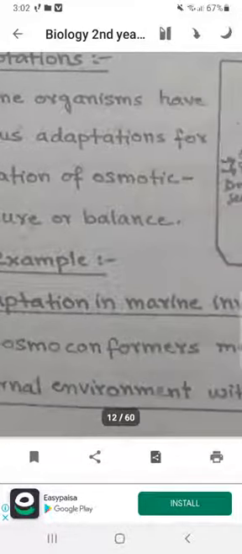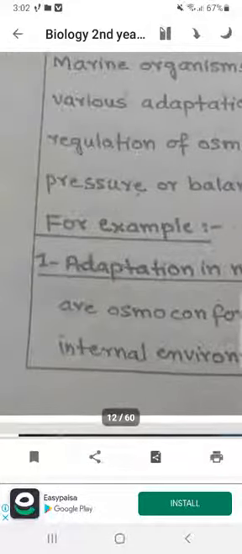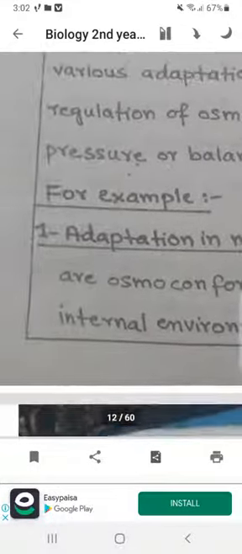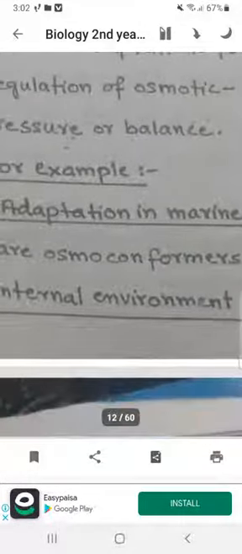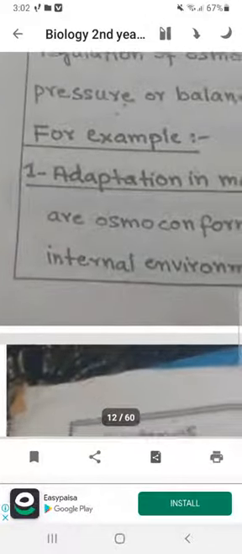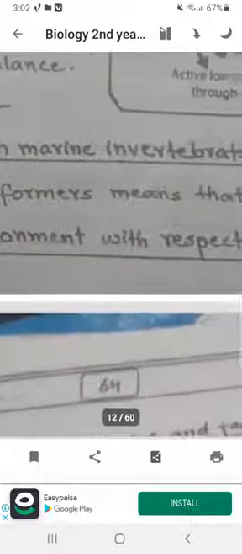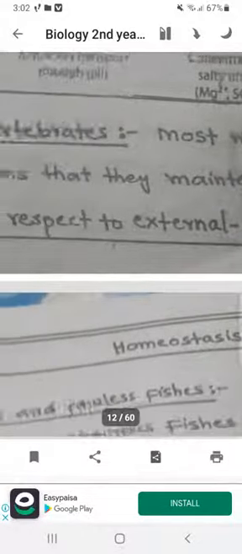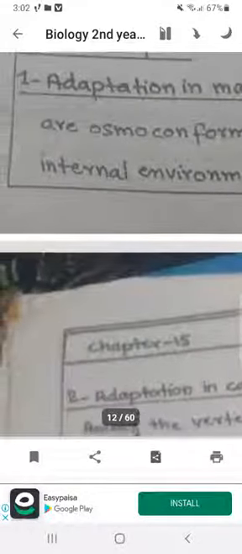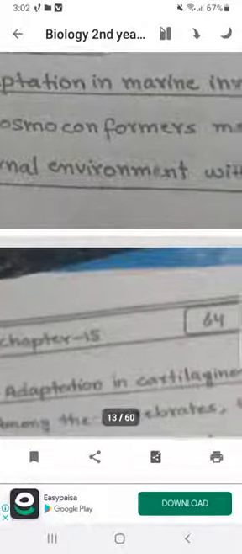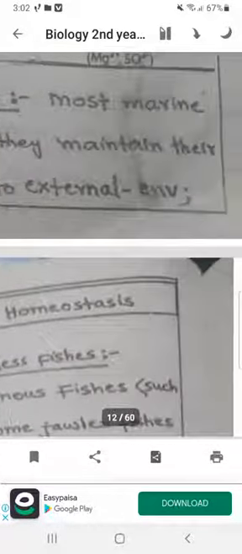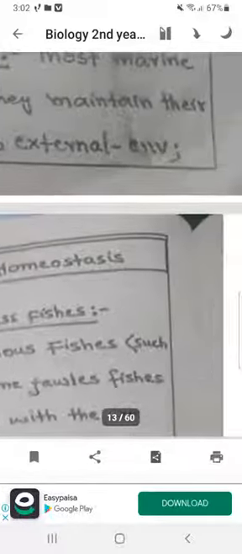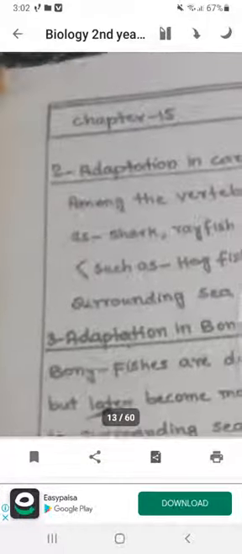Adaptations. Marine organisms have various adaptations for regulation of osmotic pressure or balance. For example, adaptation in marine invertebrates. Most marine invertebrates are osmoconformers, meaning that they maintain their internal environment in accordance with the external environment.